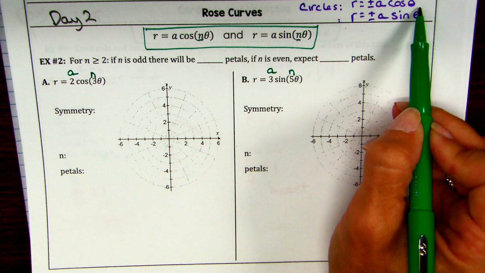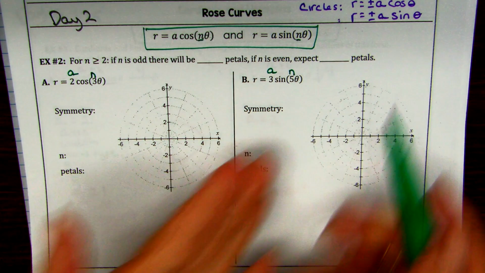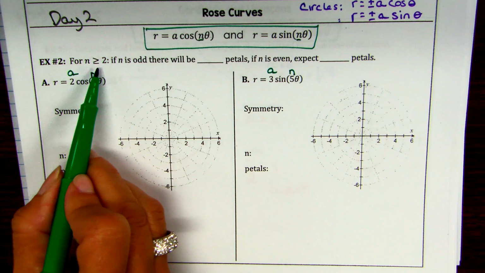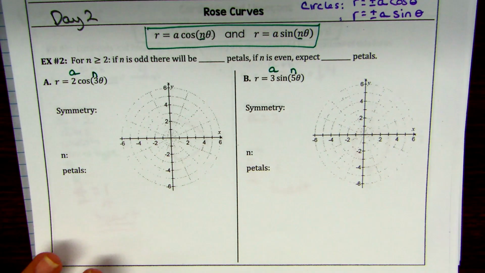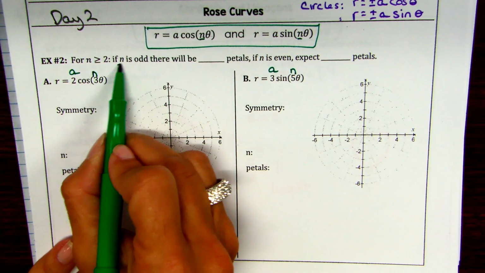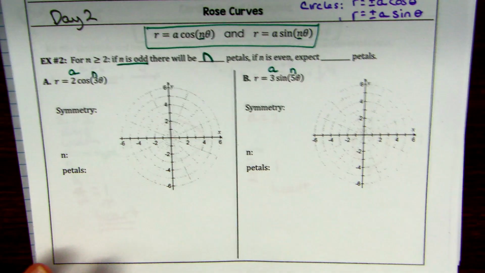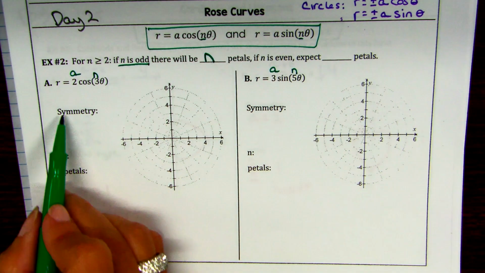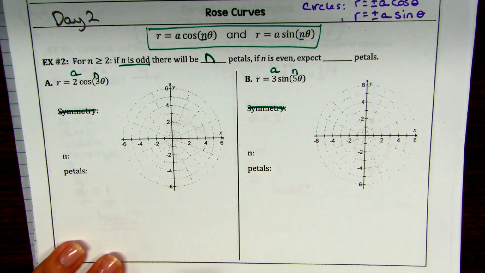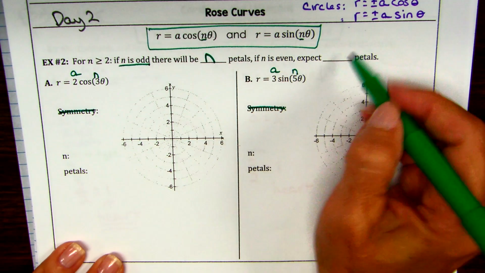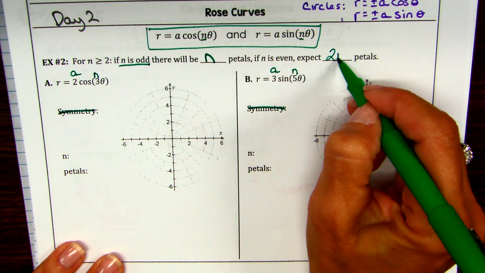That's 1 theta, right? It would be weird if we put a 1 there, but it's 1. That's why it says that. So n has got to be 2, 3, something else, okay? If n is odd, there will be that same number of petals, okay? We're not doing anything with symmetry. If n is even, you're going to have double that number.